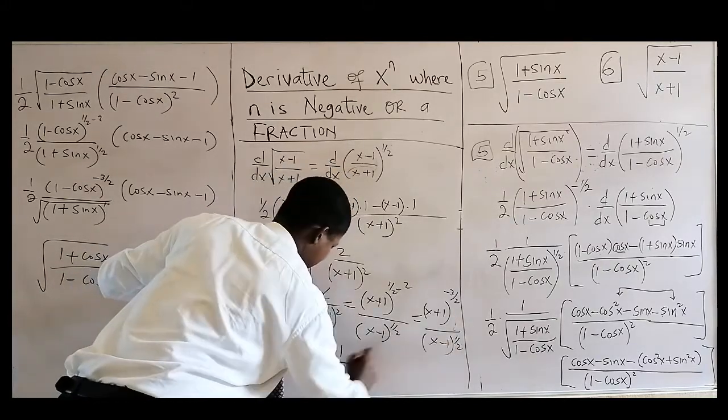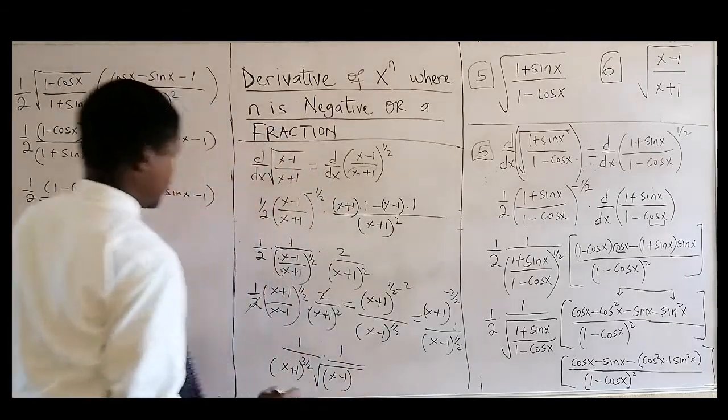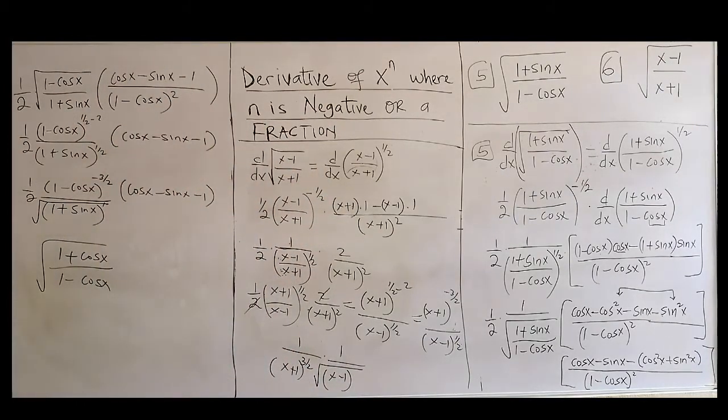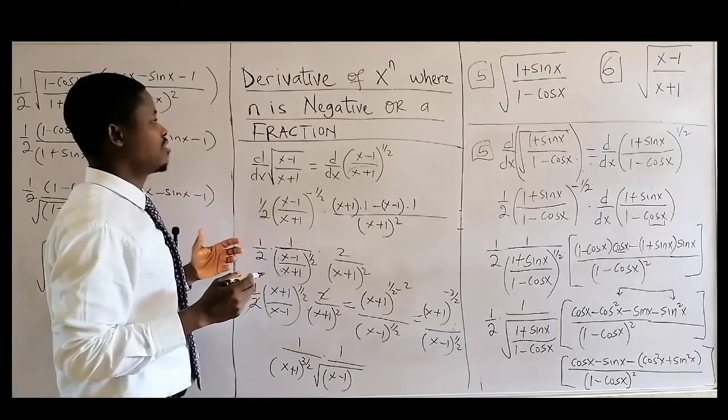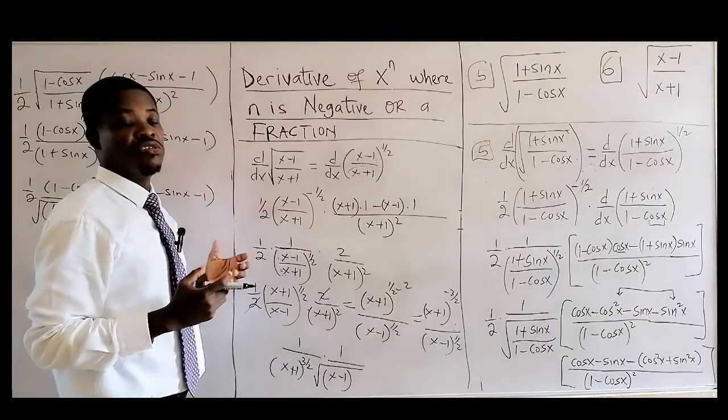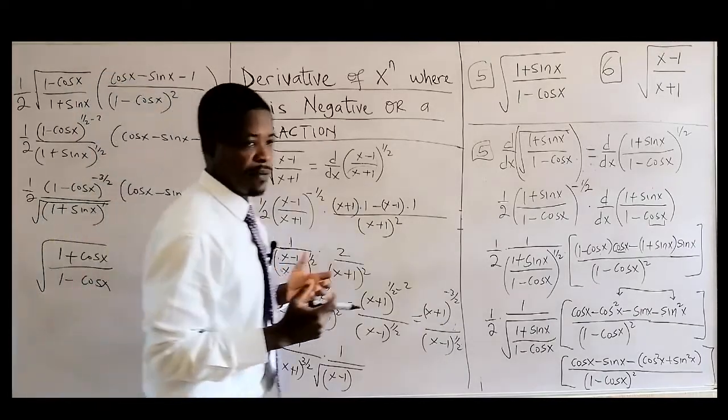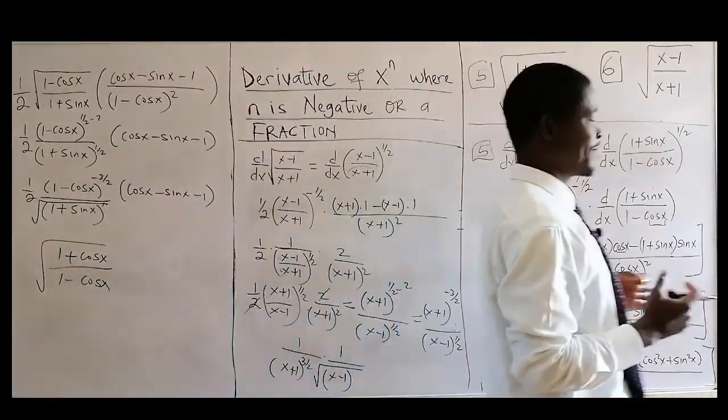And if you like, the half, I'll put inside a square root. So that's the end of these differentiations involving negative exponents or fractions as a power. Okay, so that's that.